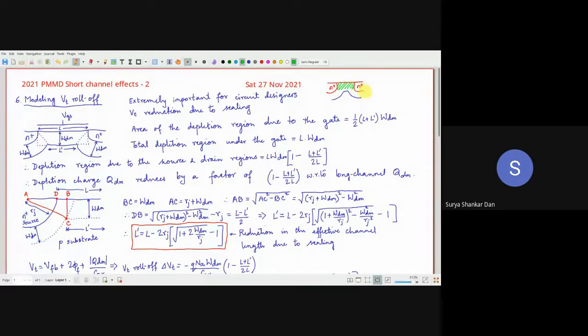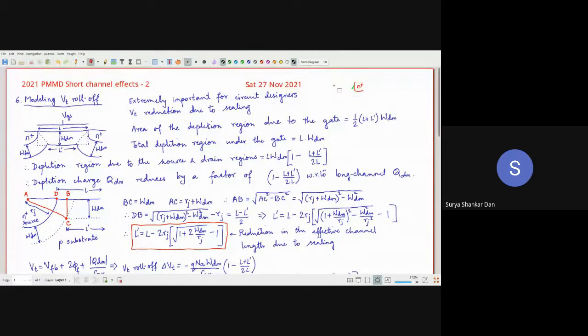You will always notice that there is a particular depletion region where I have put the triangles, and these are due to the source and the drain regions only.